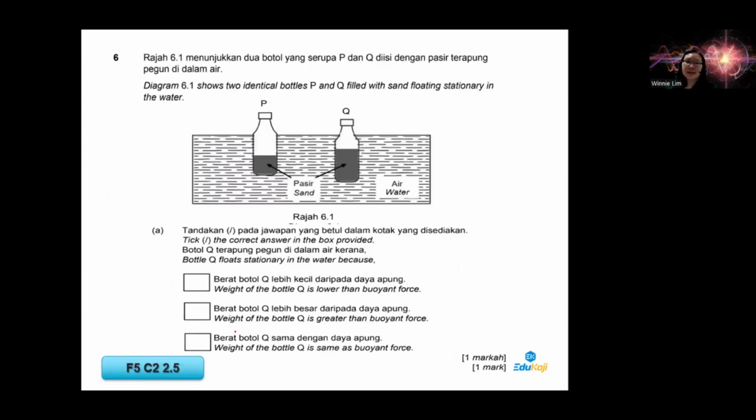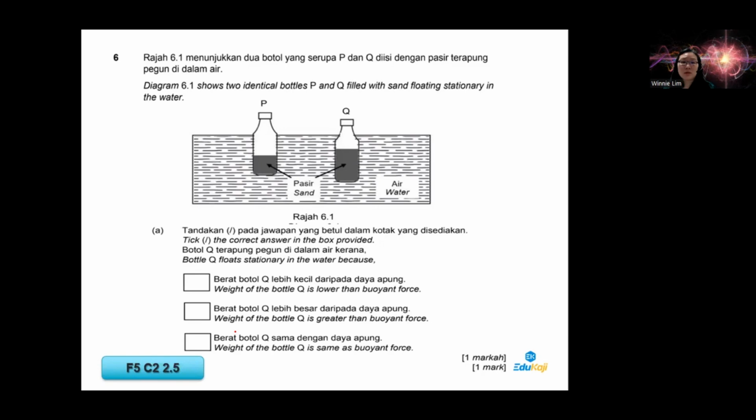Okay, question 6 is still a conceptualization question, still comparison, and now it is on the Form 5 topic, Chapter 2 Pressure, on the concept of Archimedes' principle. Diagram 6.1 shows two identical bottles P and Q filled with sand floating stationary in the water. Tick the correct answer in the box provided.